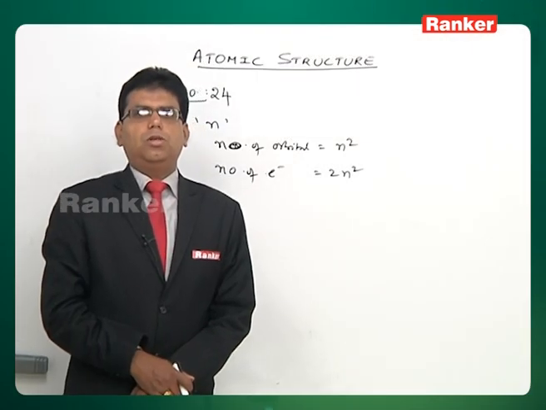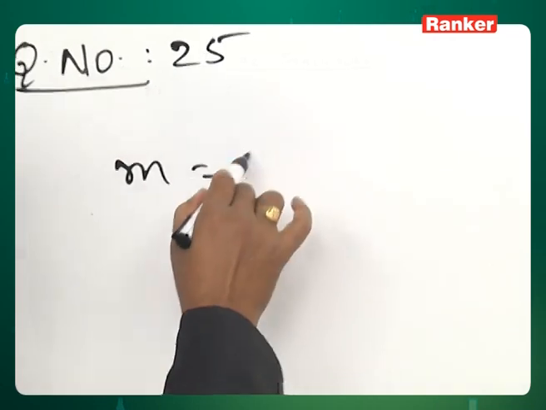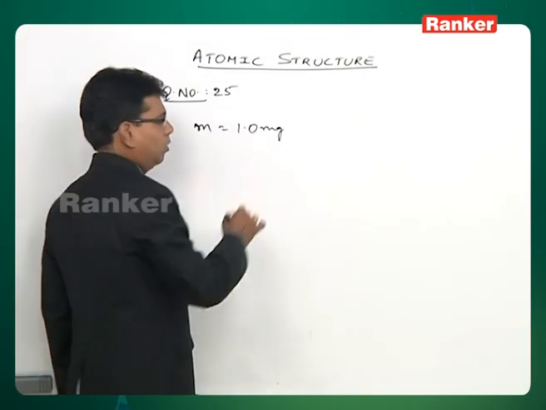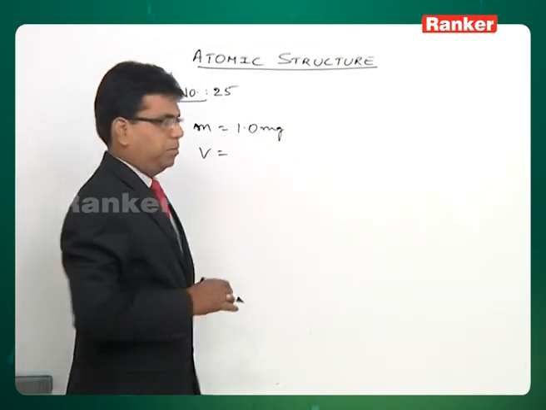Now, let us move on to question number 25. A body of mass 1 milligram is moving with a velocity of 1000 meters per second.